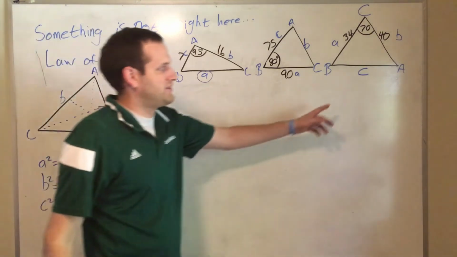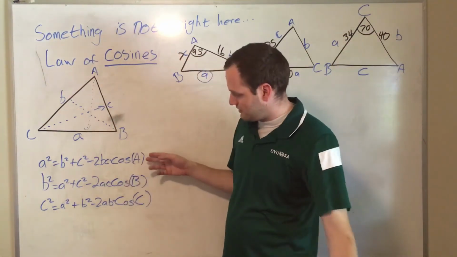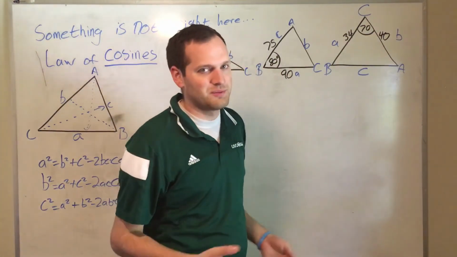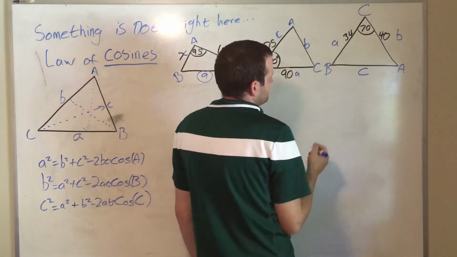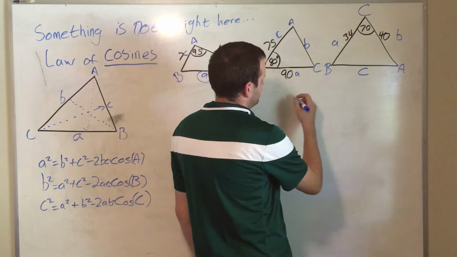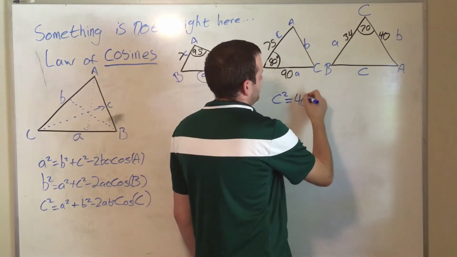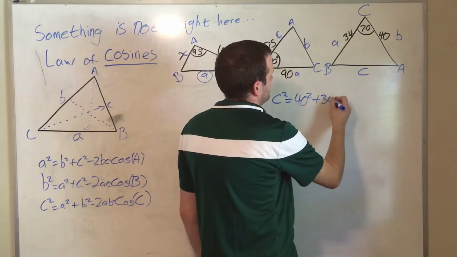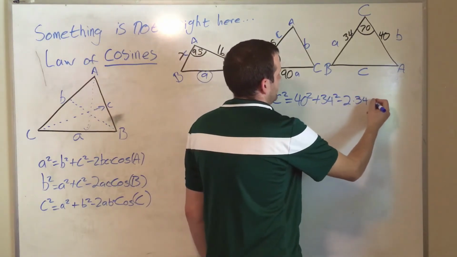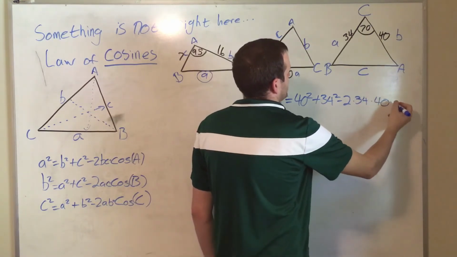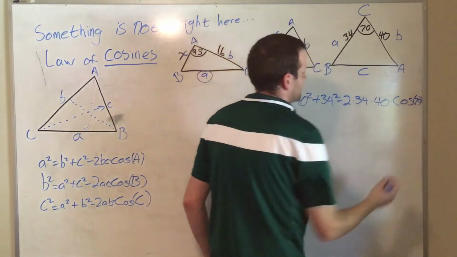This could have been side A, in which case this would be angle A, and I would be using the first formula. It all depends on where you put your variables. So C squared equals 40 squared plus 34 squared minus 2 times 34 times 40 times cosine 70.